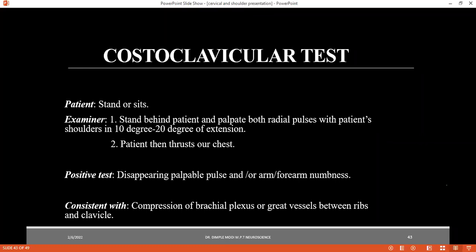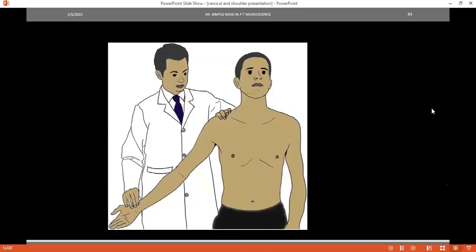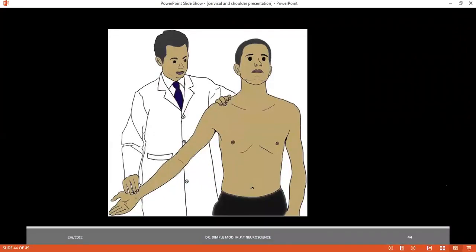Okay, this shows there is a compression in the brachial plexus. Like this. Okay.